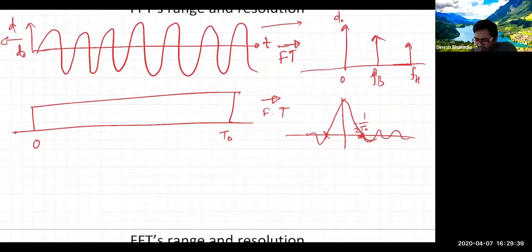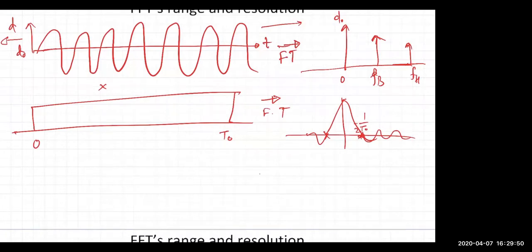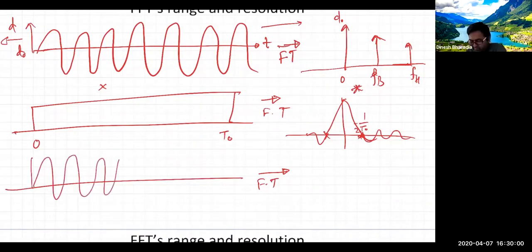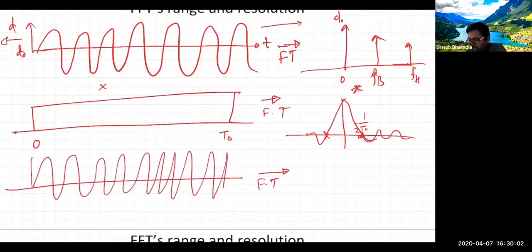Now, if you multiply this with this, what happens when you multiply in the time domain? Eric? You'll convolve the two of them in the frequency domain. Yeah, so you'll convolve here. So let's say I take this process up to time T naught.